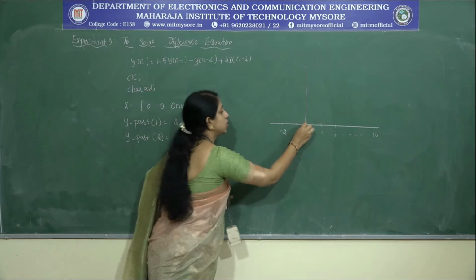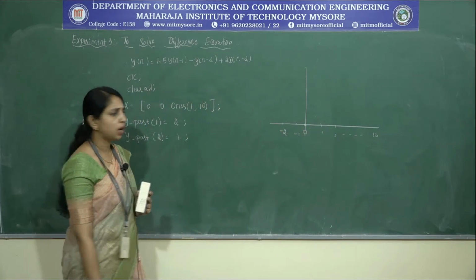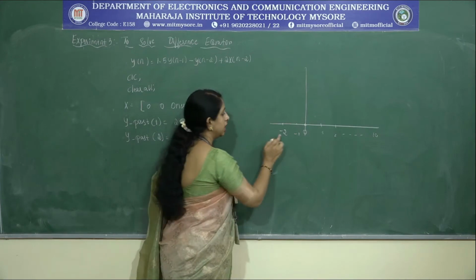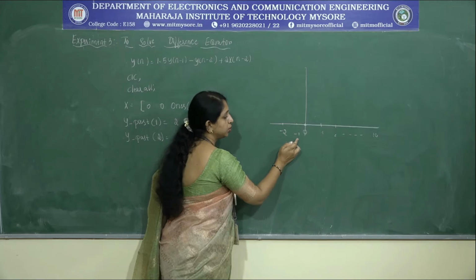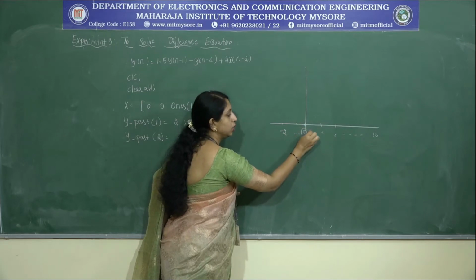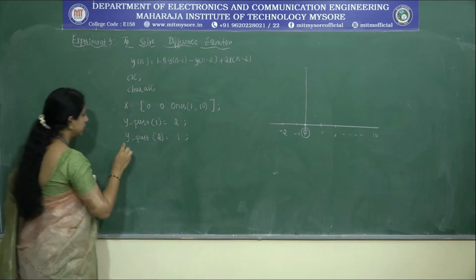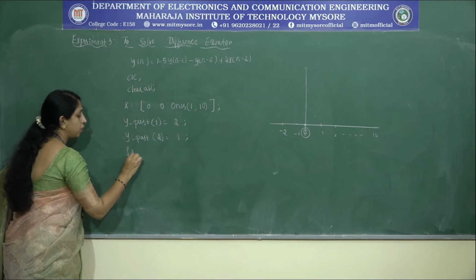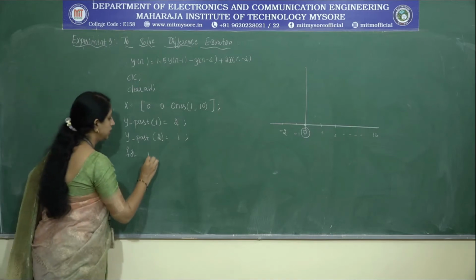But our actual output will start from the 0th position. If you count that, where does it have to start? 0, 1, 1, 2, 3. To get the 0th value, it is in position 3. For this, give a for loop. Assign it to a variable called k.